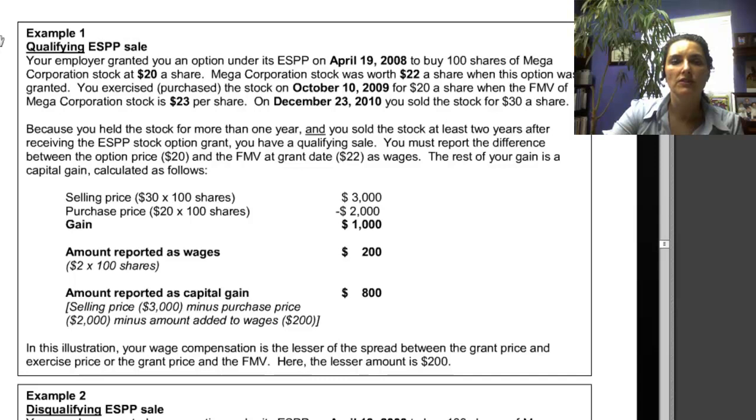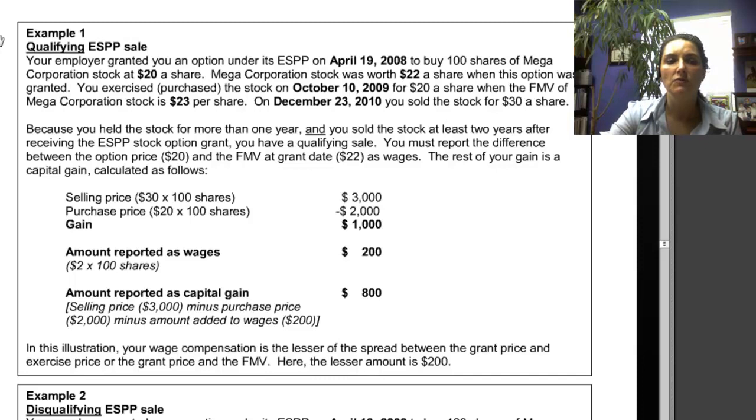You exercised or purchased the stock on October 10, 2009 for $20 a share, when the fair market value of Mega Corporation stock is $23 a share. Then on December 23, 2010, you sold the stock for $30 a share. Because you held the stock for more than 1 year and you sold the stock at least 2 years after receiving the ESPP stock option grant, you have a qualifying sale.